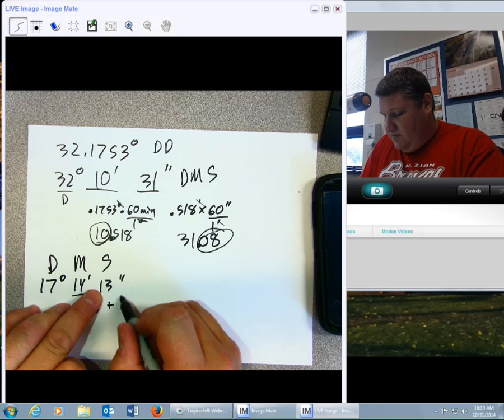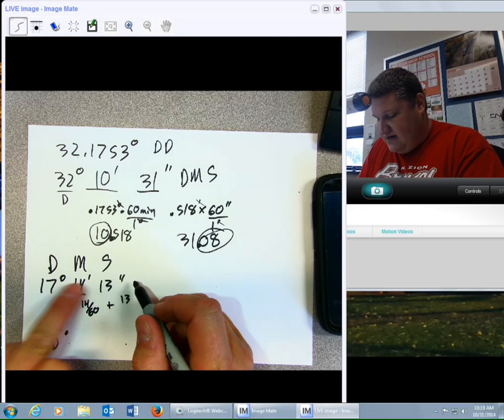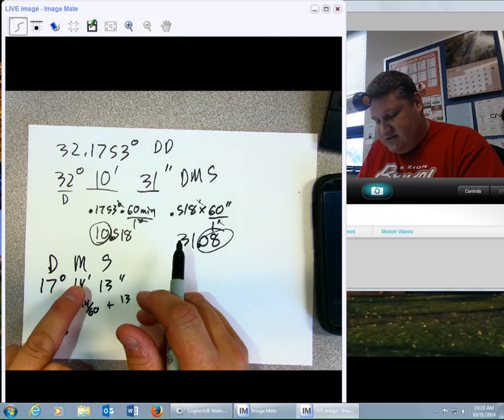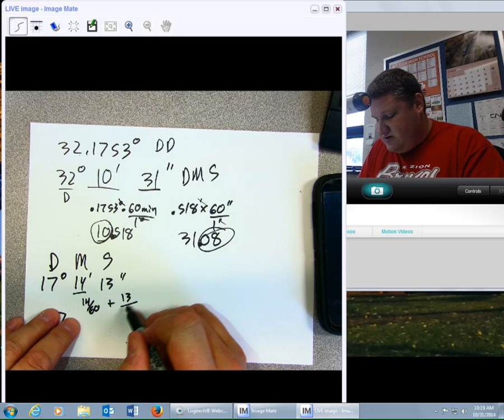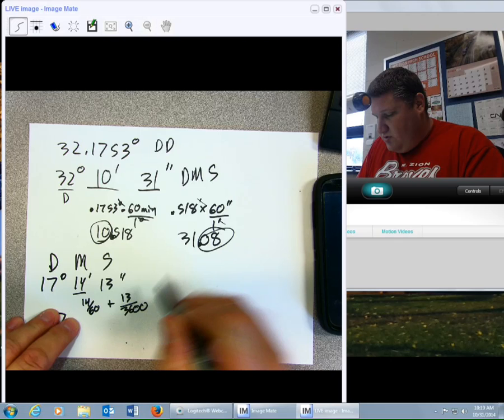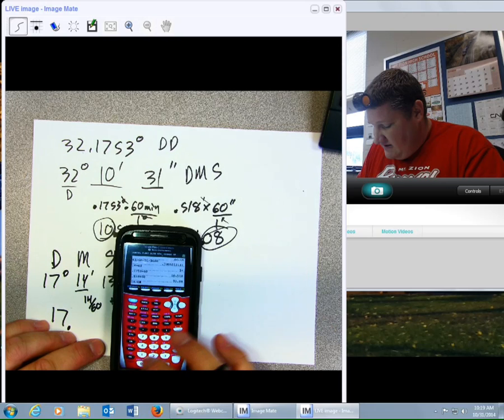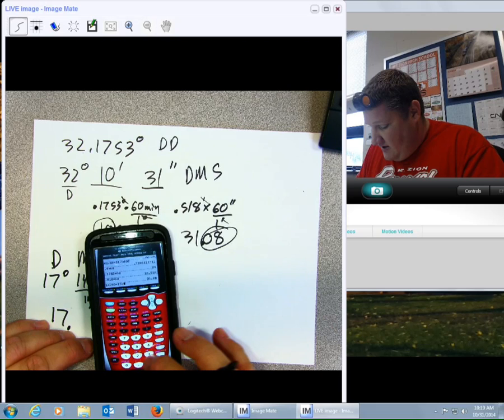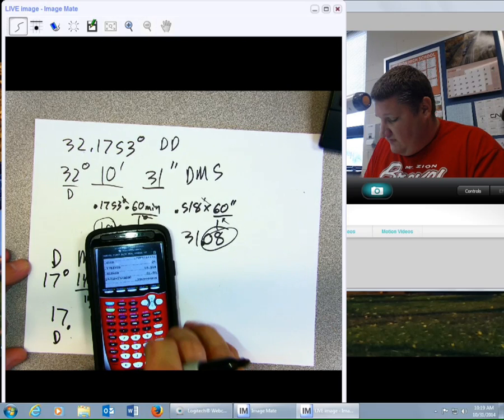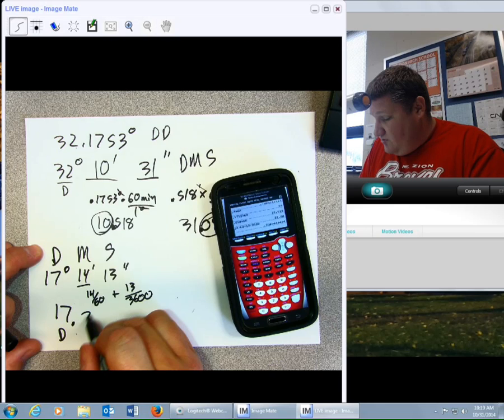Well, there's 60 seconds in a minute, 60 minutes in a degree, so that's going to be 13 over 3,600. If I take my calculator and I take 14 divided by 60 plus 13 divided by 3,600, that gives me a decimal of 0.23694, 23694 repeating. I have now gone from degrees, minutes, seconds to decimal degrees.